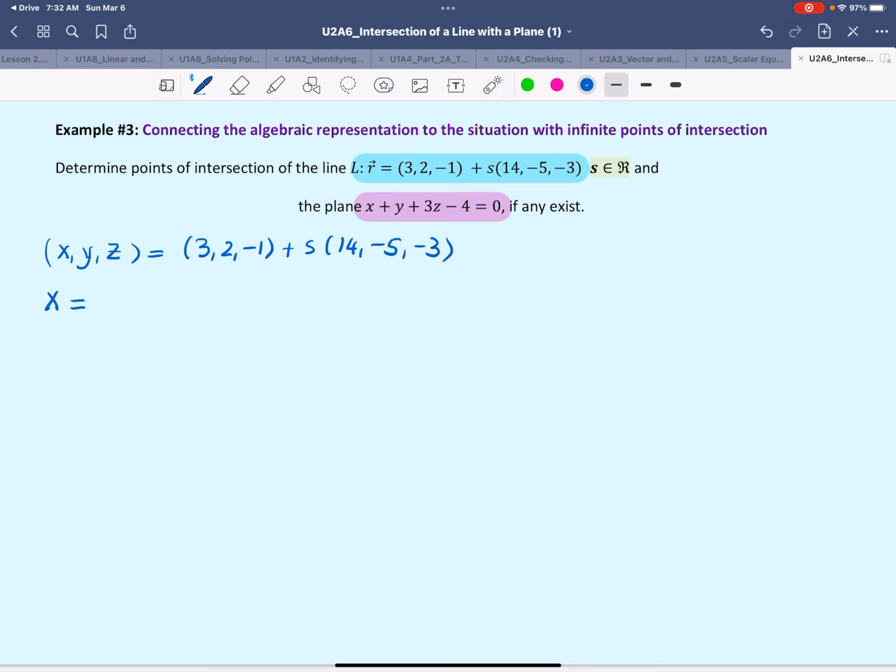So the parameter x will have the equation 3 plus 14s. Parameter y is 2 minus 5s. And parameter z is negative 1 minus 3s.